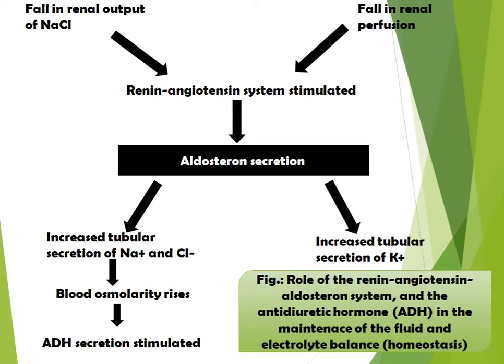After this stimulation, aldosterone is secreted. Aldosterone increases the tubular reabsorption of sodium and chloride, as well as the tubular secretion of potassium. The increased retention of sodium and chloride raises the blood osmolarity, and that's why antidiuretic hormone secretion gets stimulated. This is the role of the renin-angiotensin-aldosterone system and antidiuretic hormone in maintaining electrolyte balance, or homeostasis.